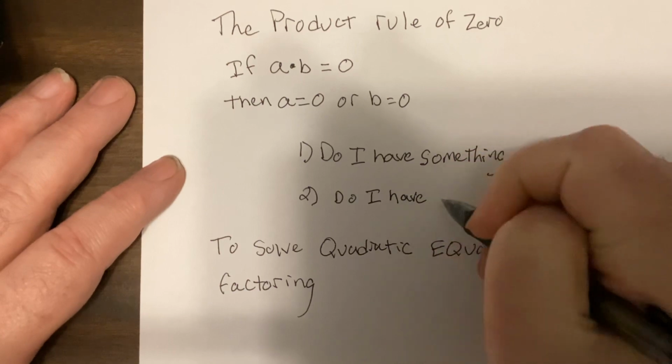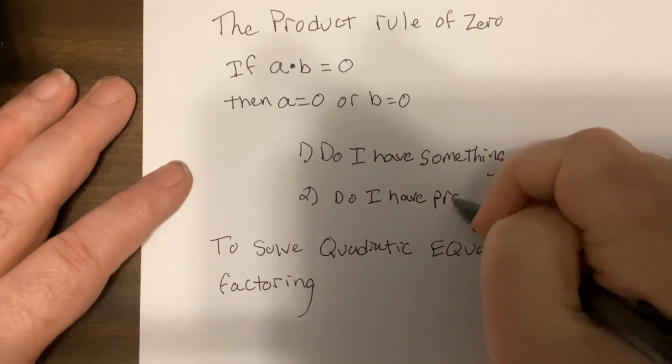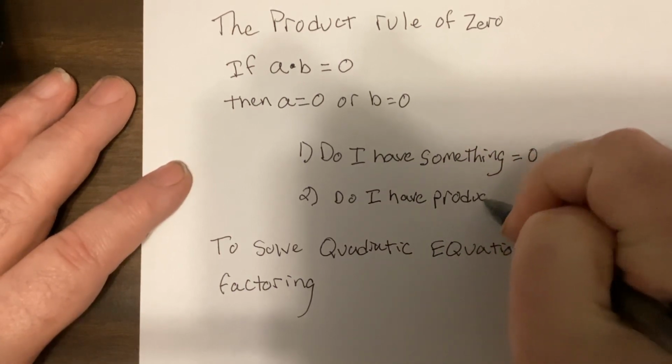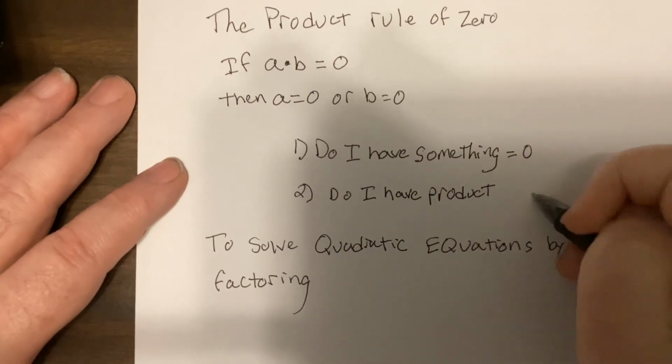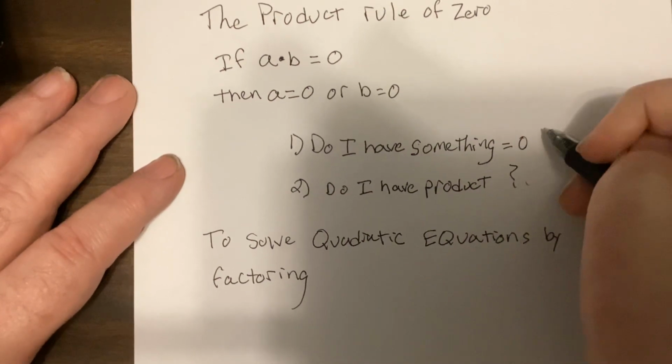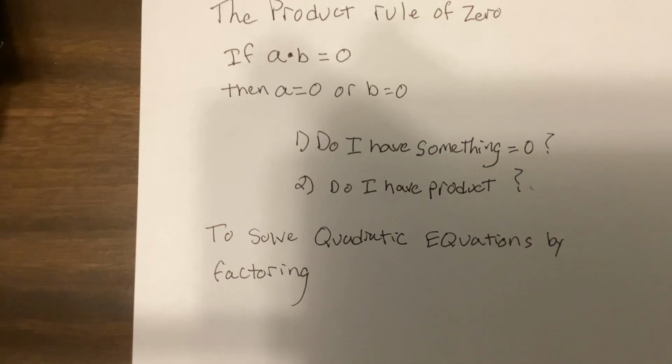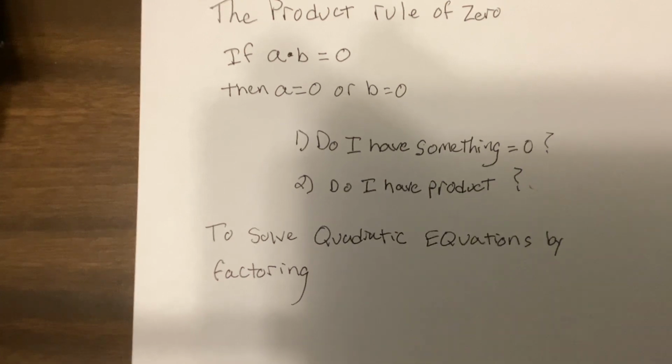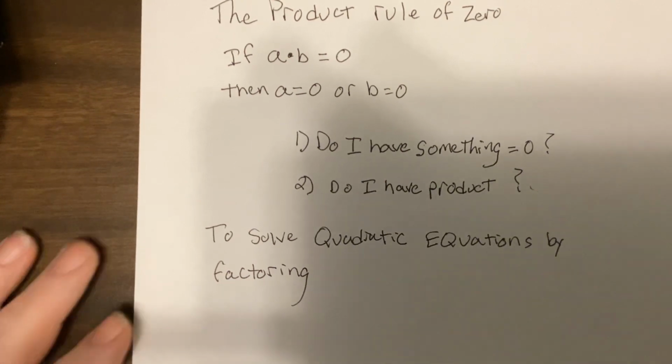So if we were to have a pop quiz sometime soon, not today, don't worry, those would be two questions I would be asking. What are the two questions you ask to solve by factoring a quadratic equation?